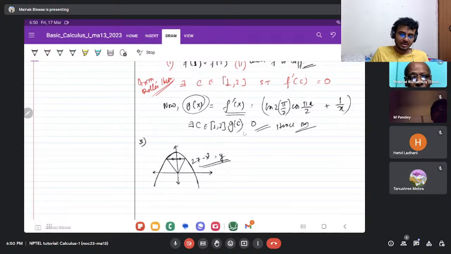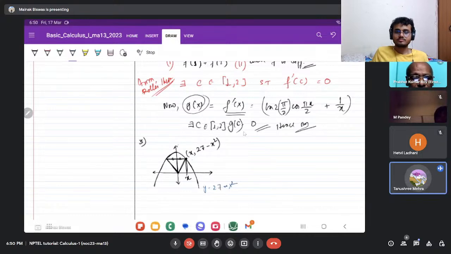We have already seen minus x square, so we just shifted upwards by adding 27. And this is your triangle, right? So say this is x. So what is this coordinate? x comma 27 minus x square. Agreed?